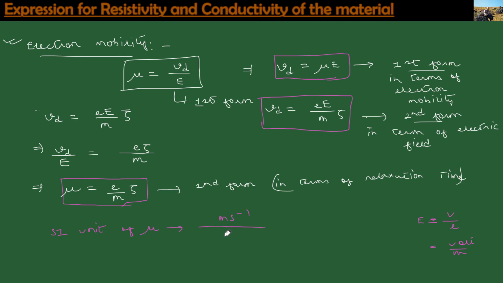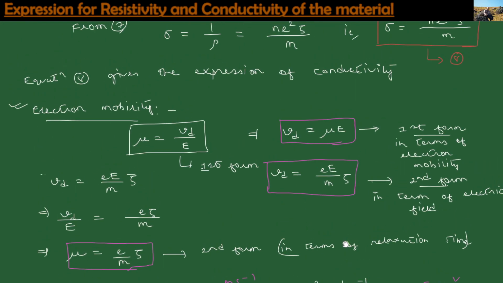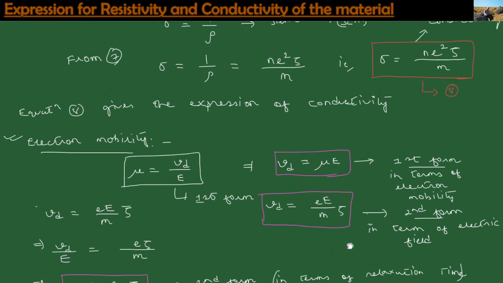If we solve this, meter inverse and meter will give us meter square, then volt inverse, second inverse. This is the unit of electron mobility.